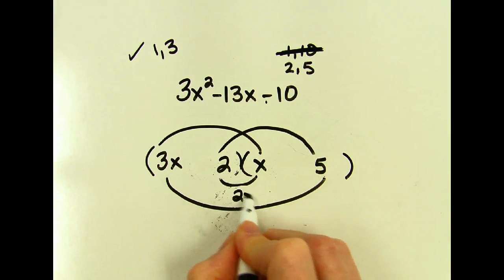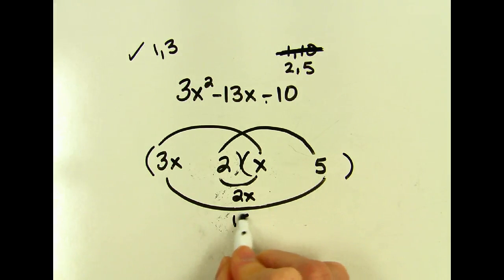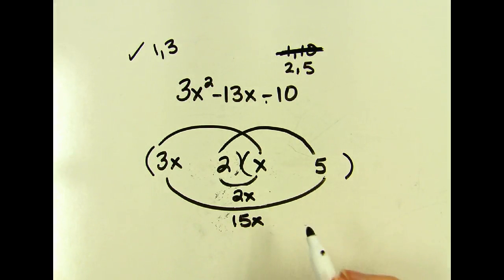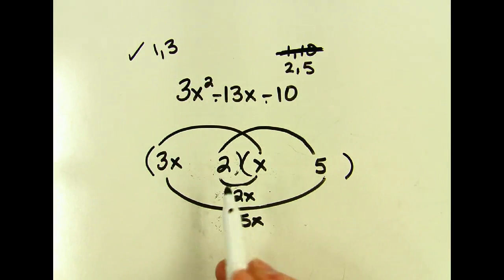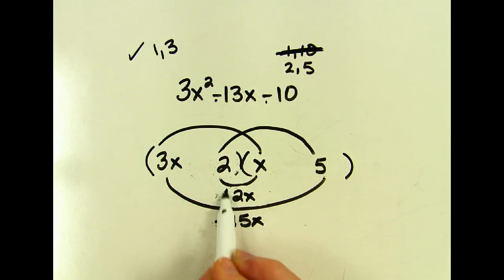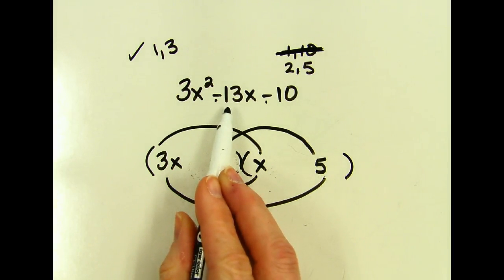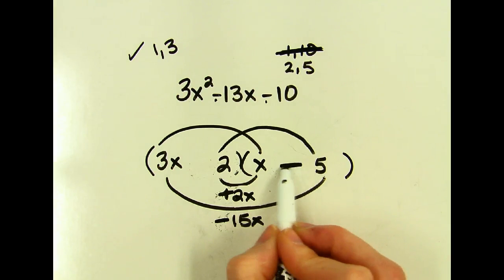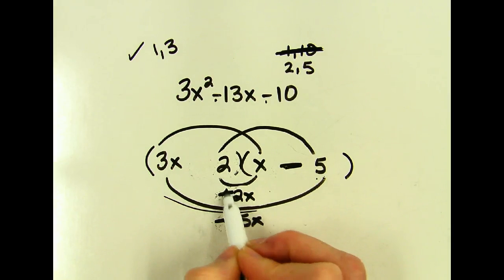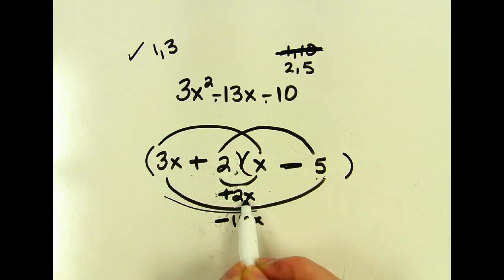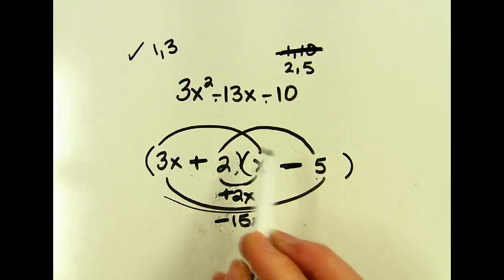Now, I get a 2x and I get a 15x. Now I've got something. I need a negative 13. If I make the 15 negative and this 2 positive, I can get negative 13. So if I put the negative here to give me the negative 15, the positive here to give me the positive 2, I think I've got it.